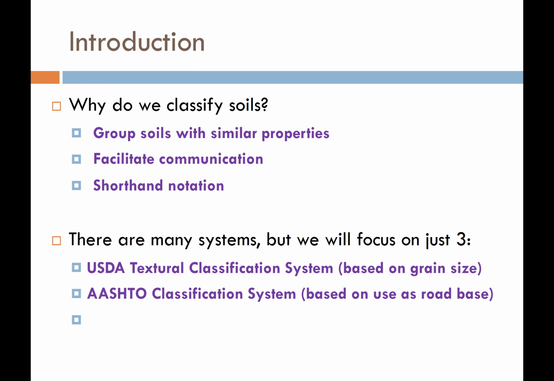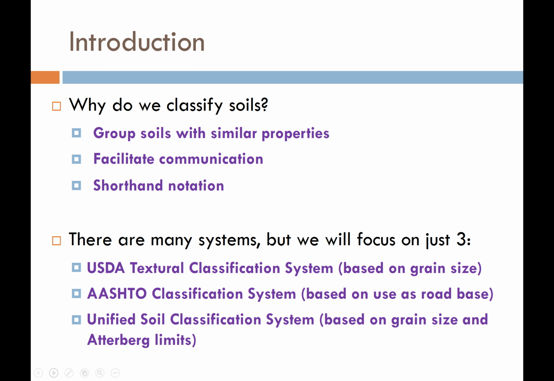The AASHTO classification system, AASHTO stands for the American Association of State Highway and Transportation Officials, and it is basically a soil classification system that helps engineers use soil for road base or base to support pavements. And so this system is very specific to transportation applications.